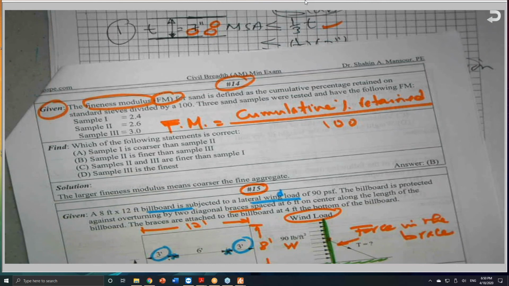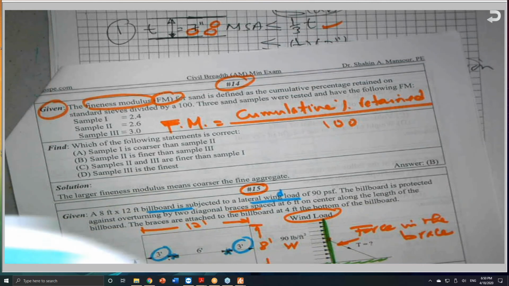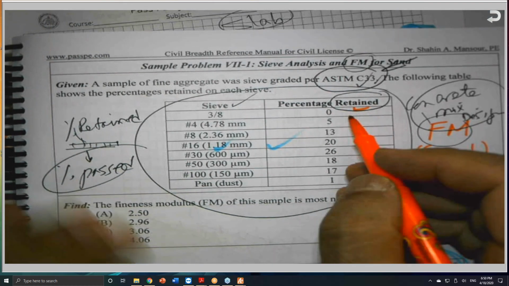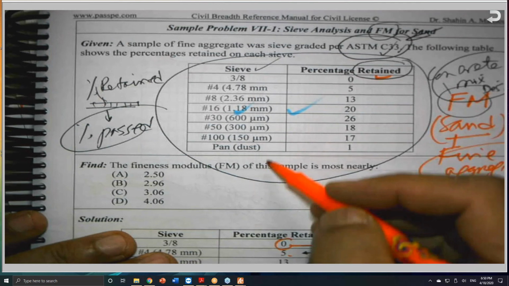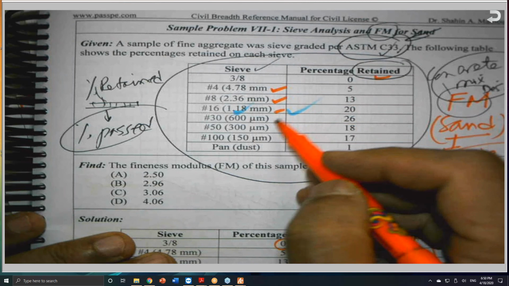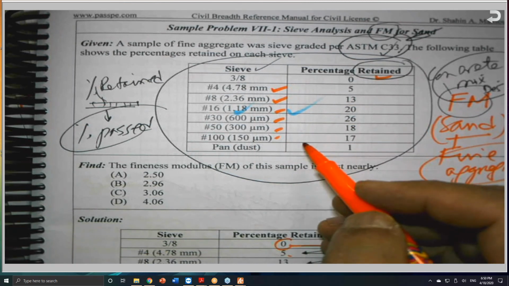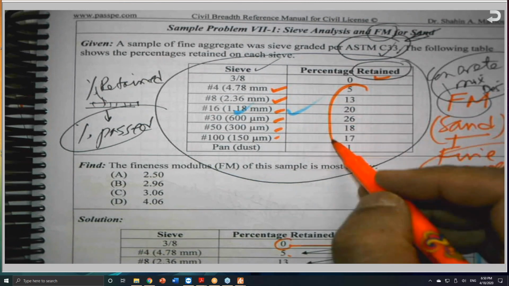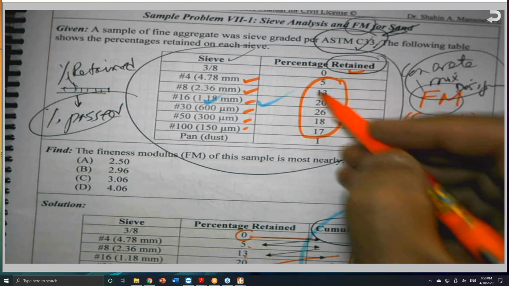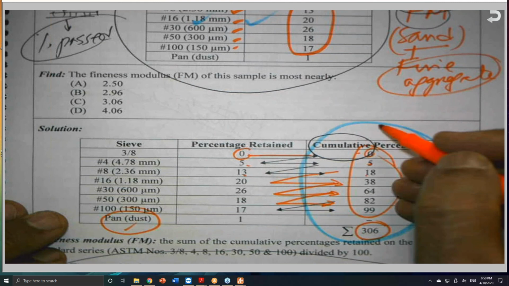Here it is, FM, where you have the percentage retained on the sieves: number 4, number 8, 16, 30, 50, 100. What we do is take these percentages retained from the sieve analysis and generate a column called cumulative.